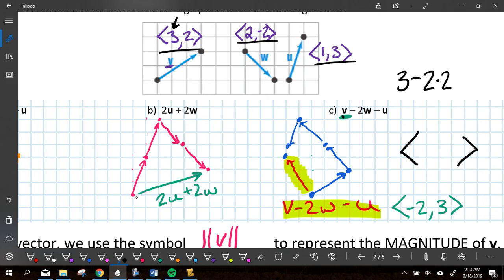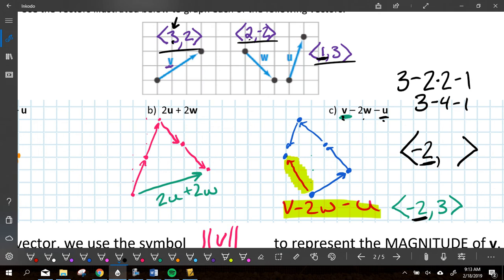Then I subtract my u value, which is 1. So it's 3 minus 4 minus 1. Guess what you get? Negative 2. I just took the x values for each of these things and put them together. That's where I'm getting this negative 2 from.